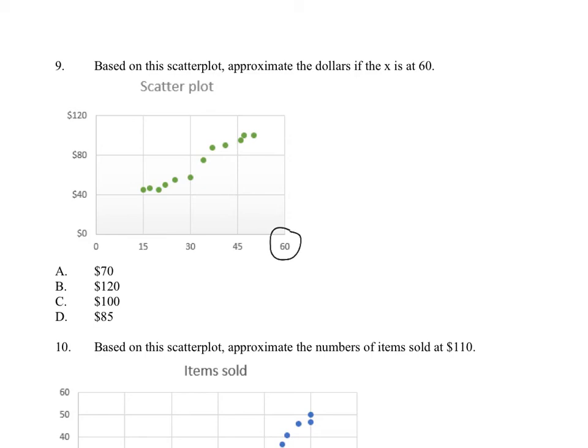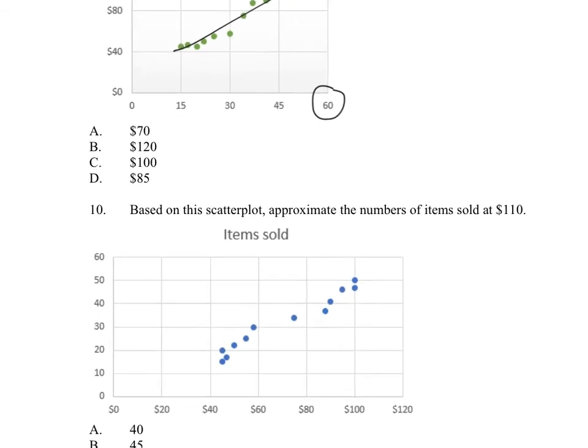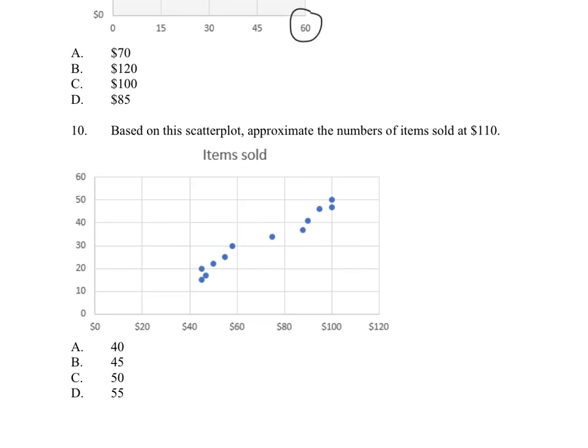So here's our x. Which of those dollar amounts would line up if there was to be a line drawn? My lines are so terrible. Number 10, same thing. The number of items sold at $110. $110 is about right here.